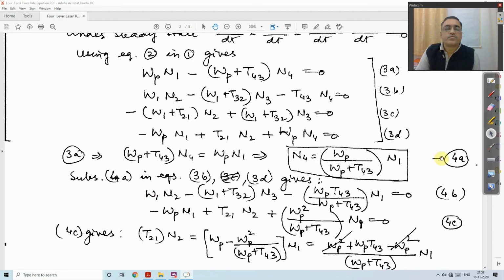Substituting equation 4 in 3B and 3D, we have to just eliminate N4 from these two equations.